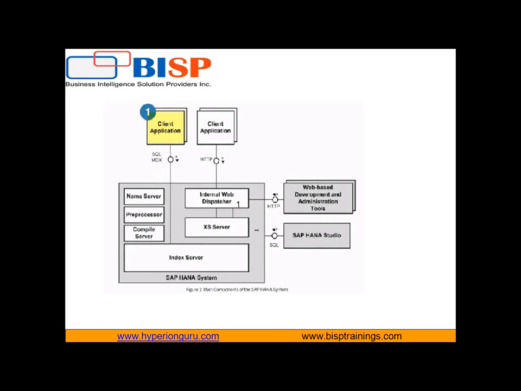The preprocessor server holds the unstructured data. The name server maintains landscape information. And the statistics server is used to collect data about the performance of the HANA server, how it is acting and how the work is being done.